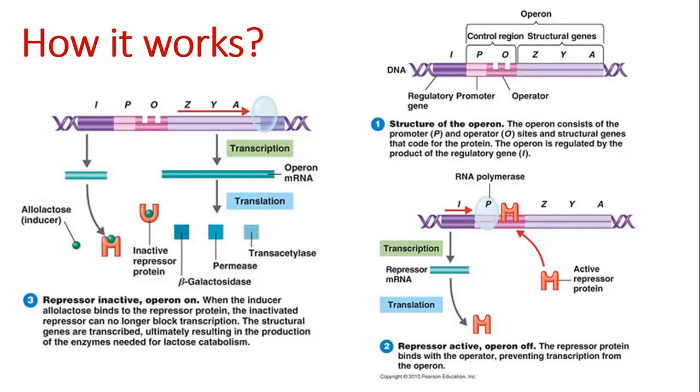The Lac repressor now dissociates from the operator site and allows the RNA polymerase to begin transcribing the Lac-Z, Lac-Y, and Lac-A genes. If the inducer is removed, the Lac repressor rapidly binds to the Lac operator site and transcription is inhibited almost immediately. And in this way, actually, the Lac operon is negatively regulated.